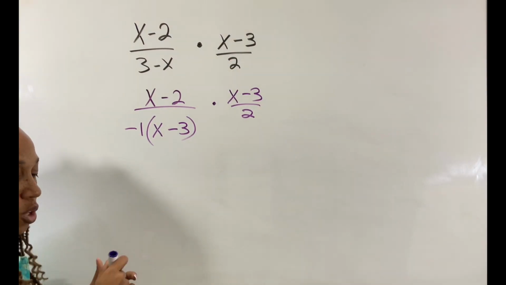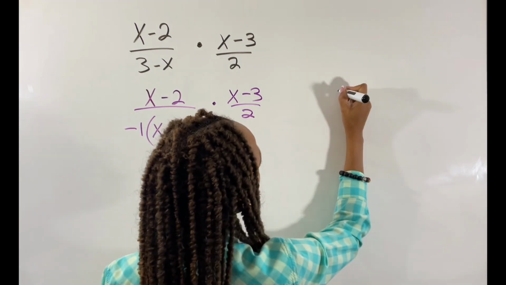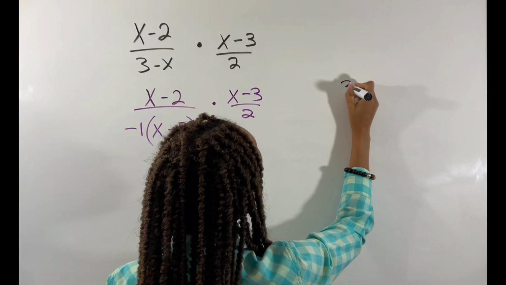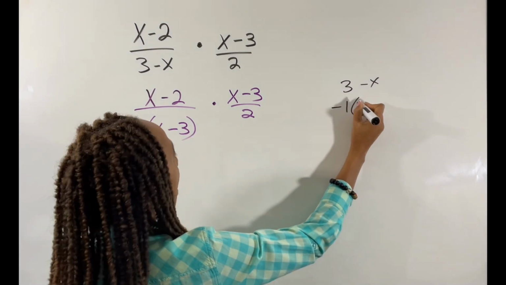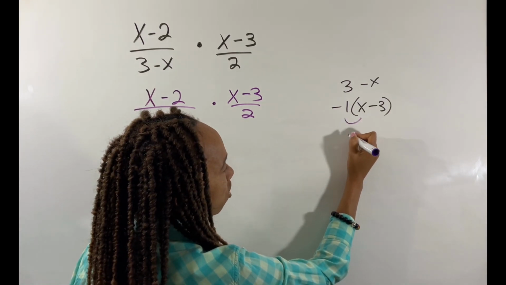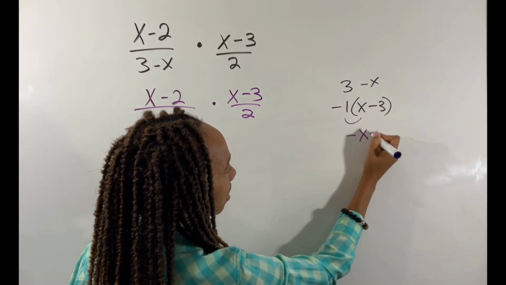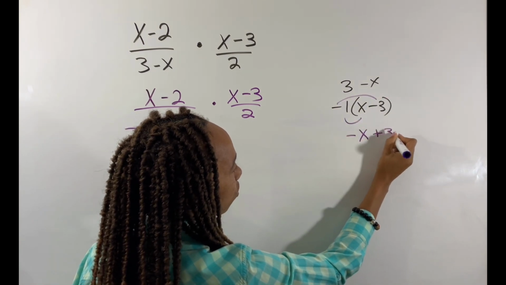And if you don't believe me, hey, let's test it. Originally it was 3 minus x. Now I have my negative 1 and x minus 3. If you use your distributive property, you will have negative x, and this will give you positive 3.